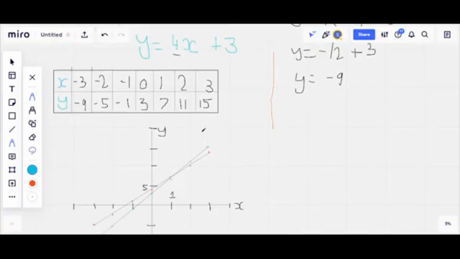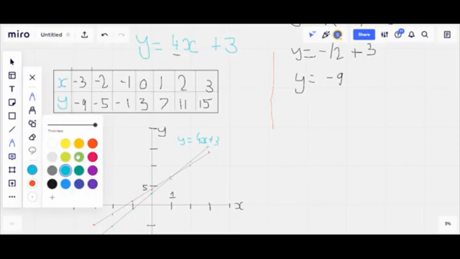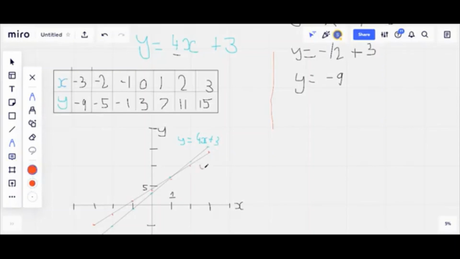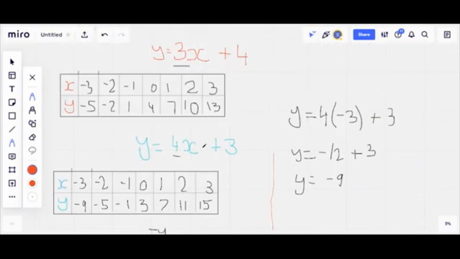So for this top one, let's have y equals 4x plus 3. And then the bottom one, y is equal to 3x plus 4.